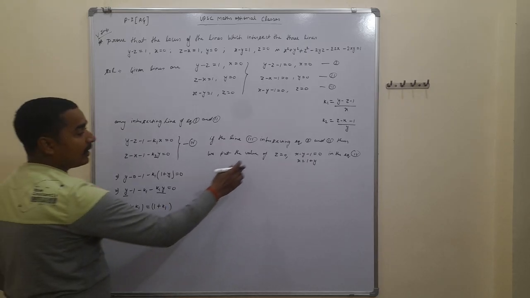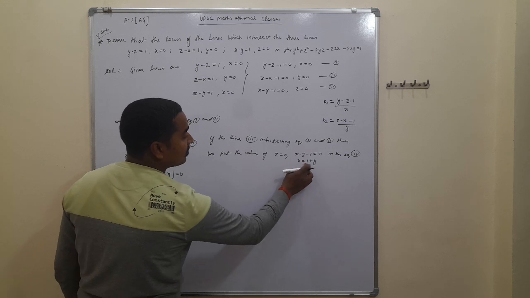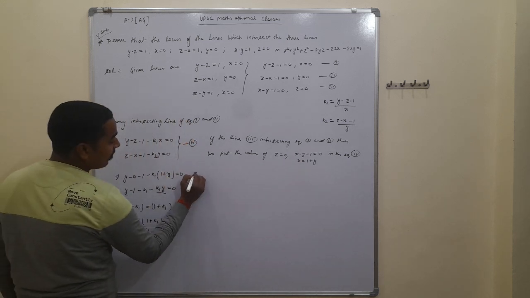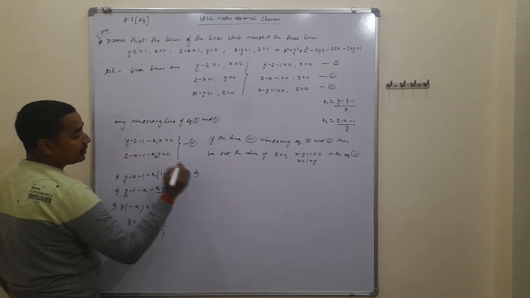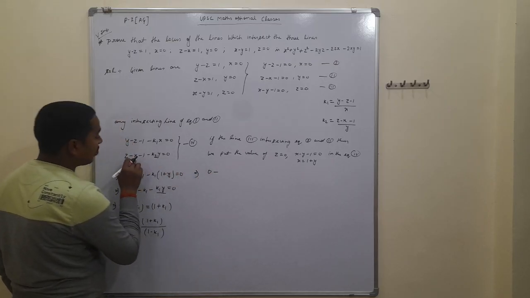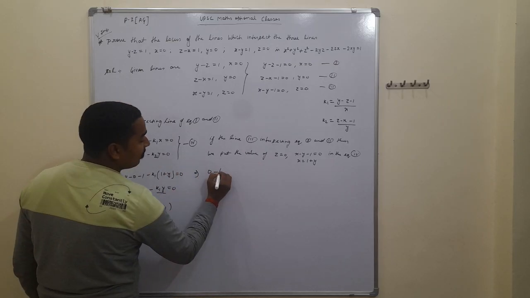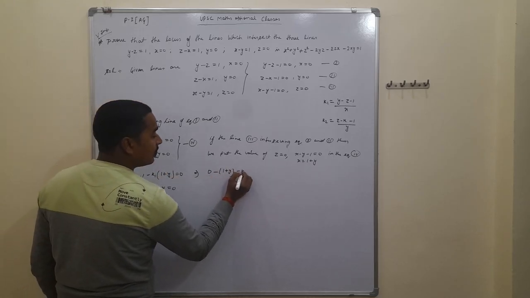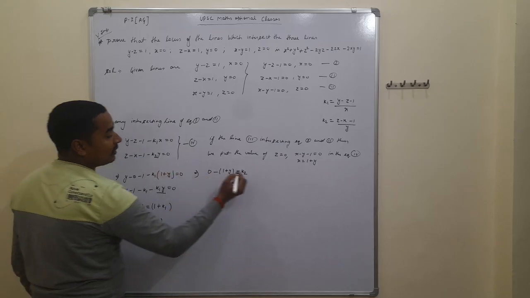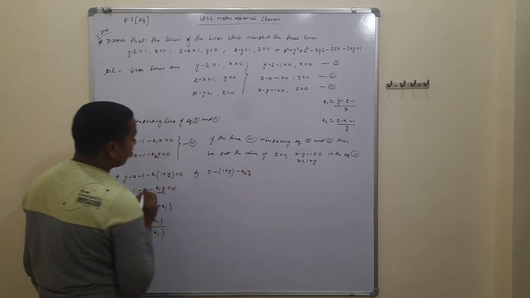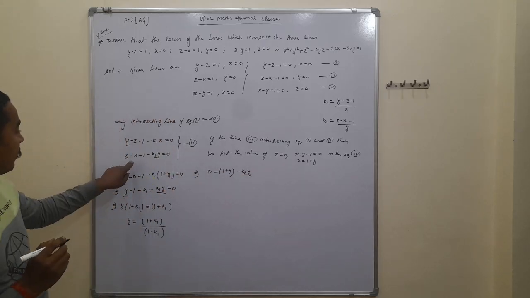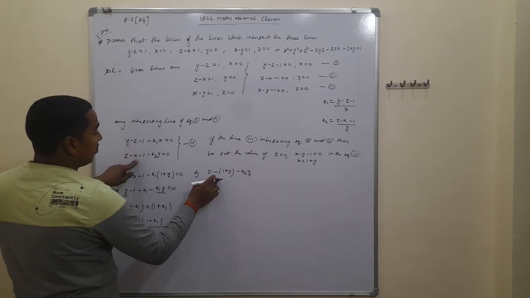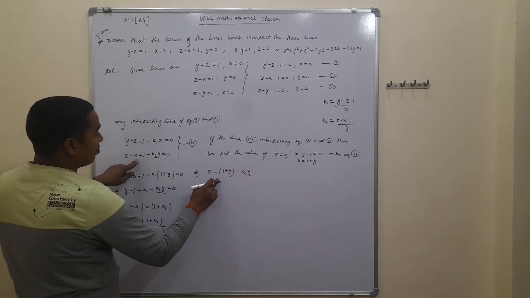Further we have to put the value z is equal to 0 and x is equal to 1 plus y in the second intersecting lines, that is in place of z we have to put 0 and in place of x we have to put 1 plus y, and minus k2y.